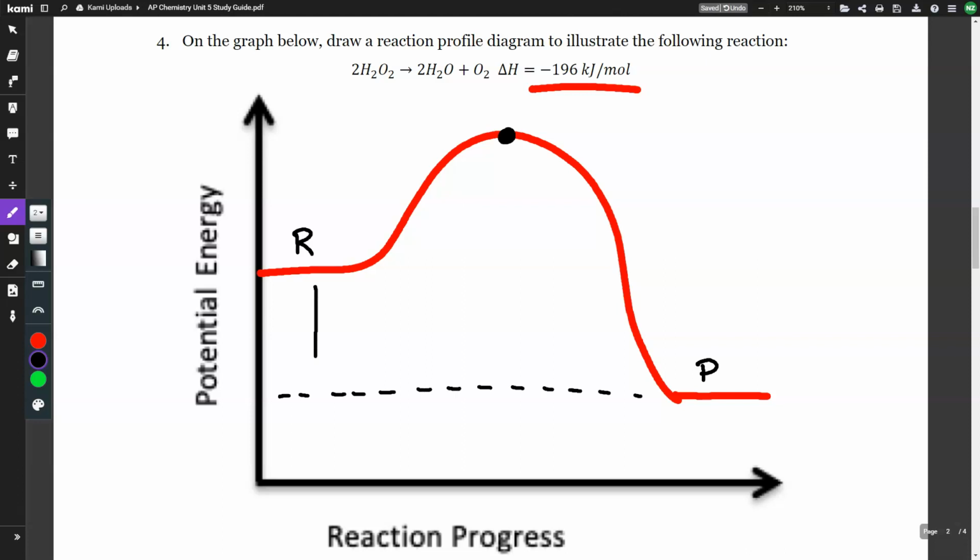The difference in energy between the products and the reactants is our delta H. EA is our activation energy. For the forward reaction, that would be our activation energy. And this dot at the top is our transition state.